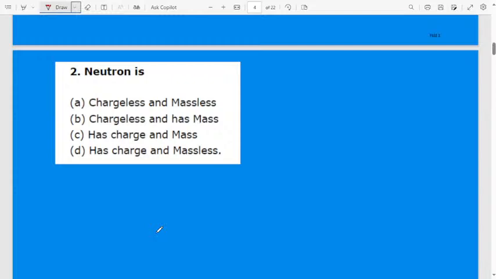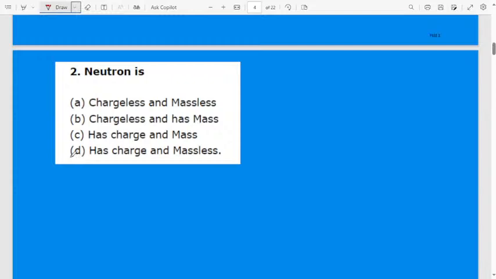Let us move to the next question now. Neutron: option A, chargeless and massless; option B, chargeless and has mass; option C, has charge and mass; option D, has charge and massless.